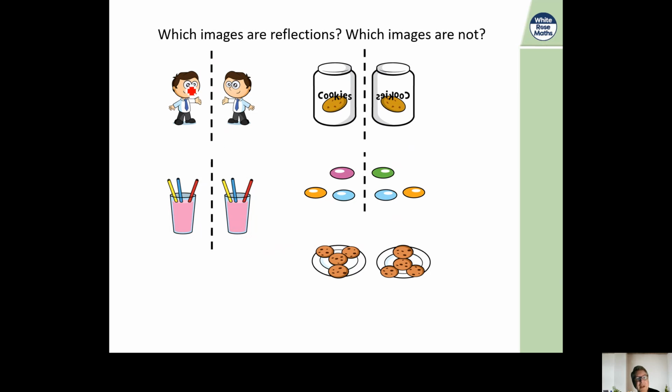So if this chap here is looking into a mirror, would this be the reflection? Or if this chap's looking in the mirror, would this be the reflection? Okay. Have a think.